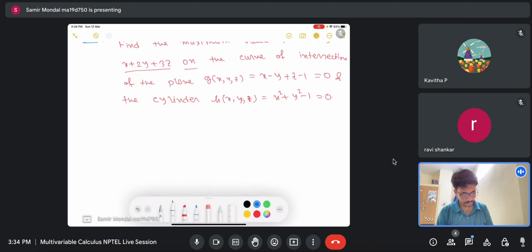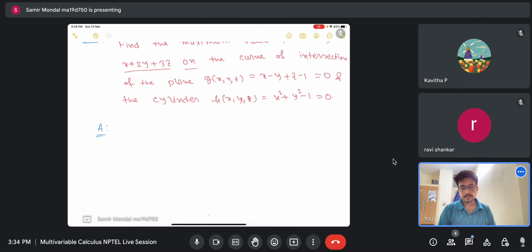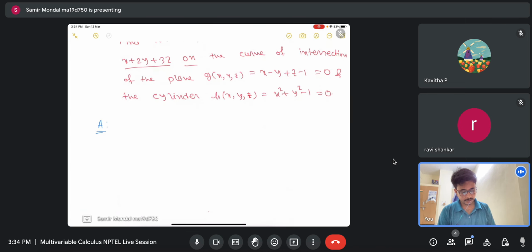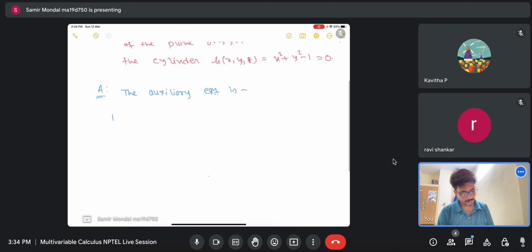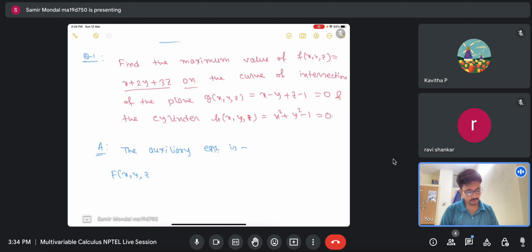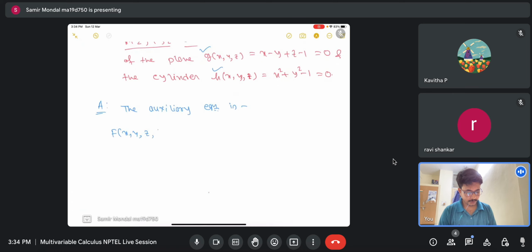So what is your auxiliary equation? The auxiliary equation is F(x, y, z, λ, μ) = f(x, y, z). This is a three-variable function, and we have two constraints, one g and one h, so we need two multipliers, lambda and mu.